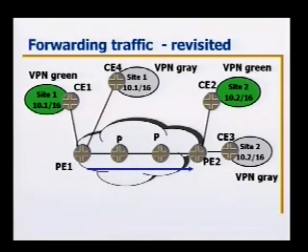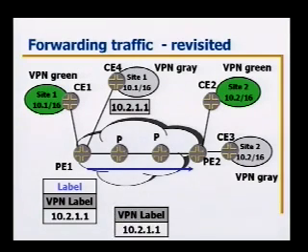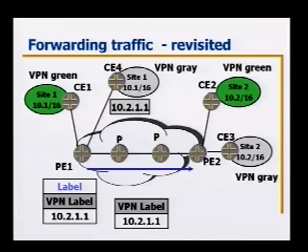Similarly, if we had somebody from site 1 of VPN gray sending a packet, then we would attach a two-label stack, and the bottom label would be a VPN gray label, such that PE2 would know that it needs to forward the packet towards CE3, which belongs in VPN gray. So let's stop a little bit and see what happened.